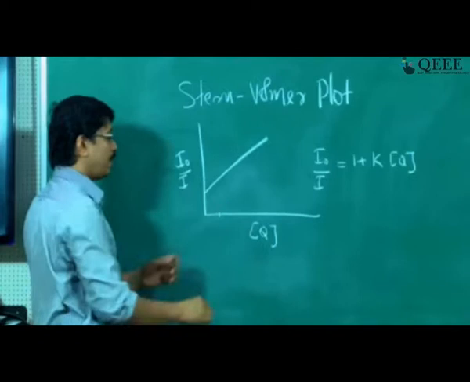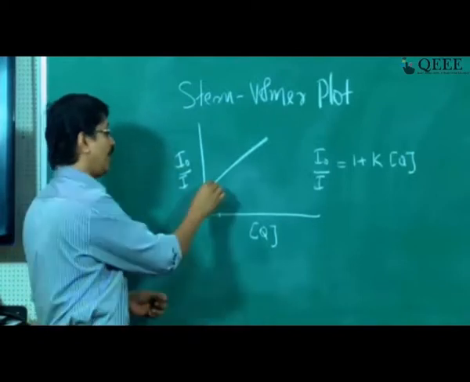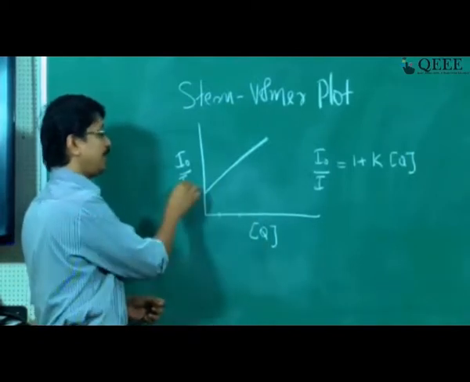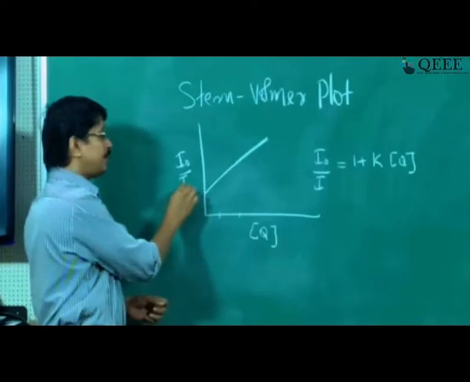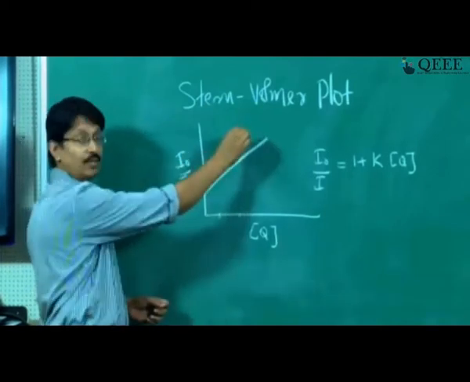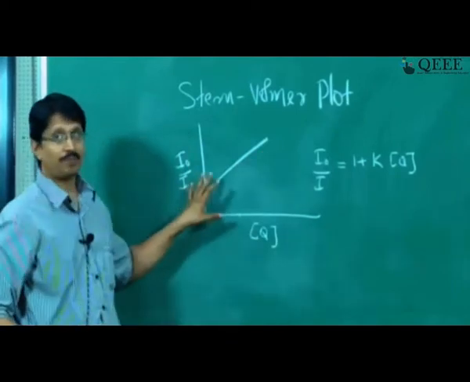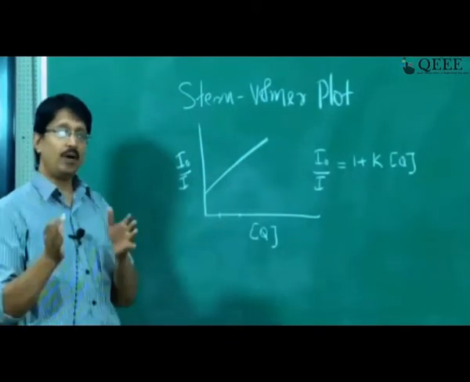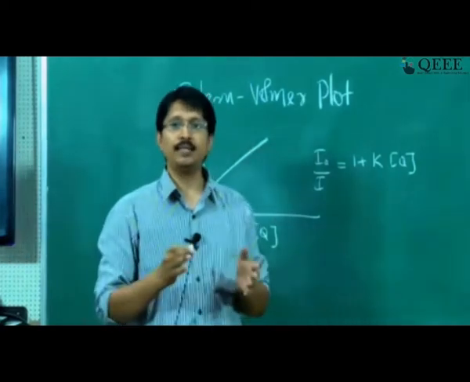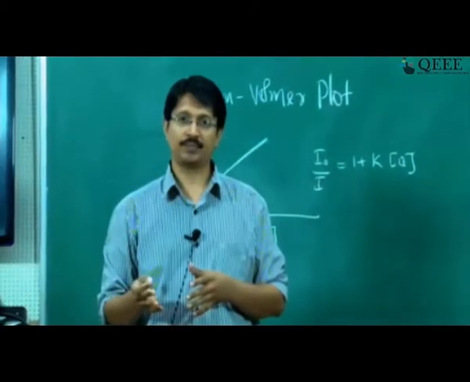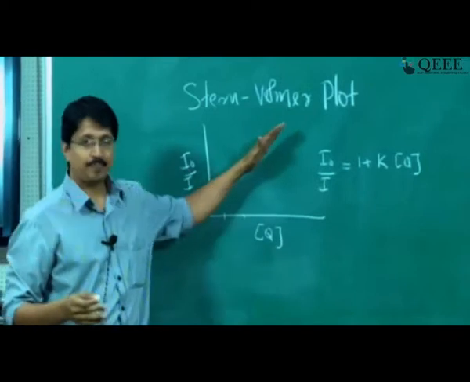For one particular addition of quencher, you will have one I. With another quencher addition, the I will decrease again. Since the denominator is decreasing, the ratio will increase. So you get an increasing straight line for this plot. Now if there is only one type of quenching happening, either static or dynamic, you will get a straight line plot.